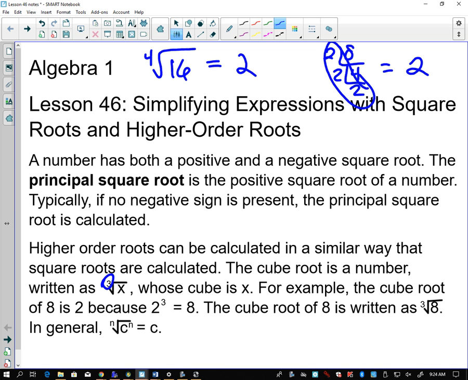So if I had something like the square root of 4 squared, those 2s would cancel out because it's 2 divided by 2. 2 divided by 2, not 2 minus 2, is 1. So this is just 4. And if you think about it, you'll understand, because what is 4 squared?